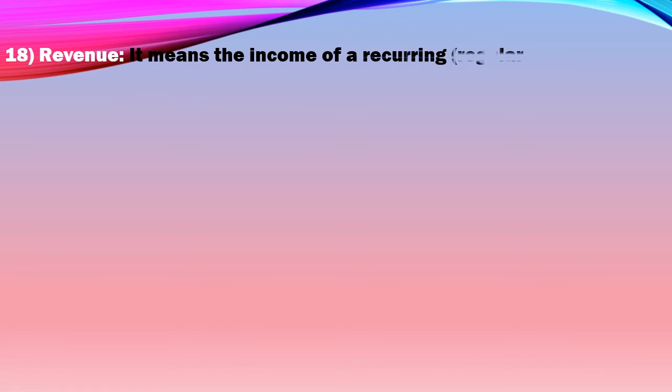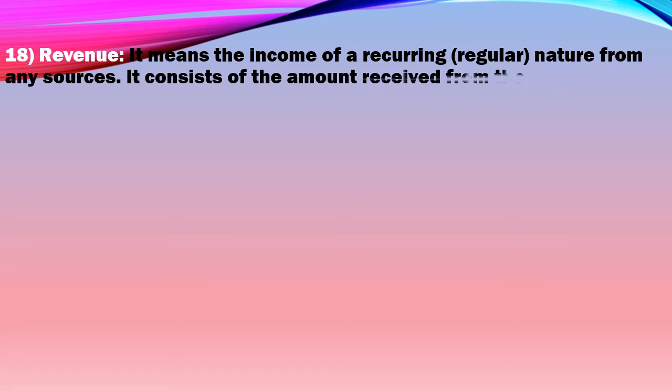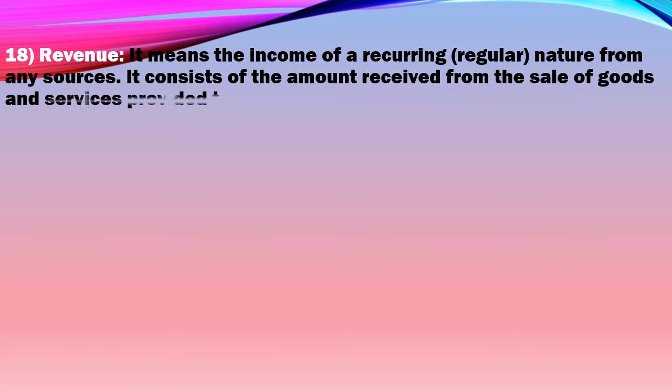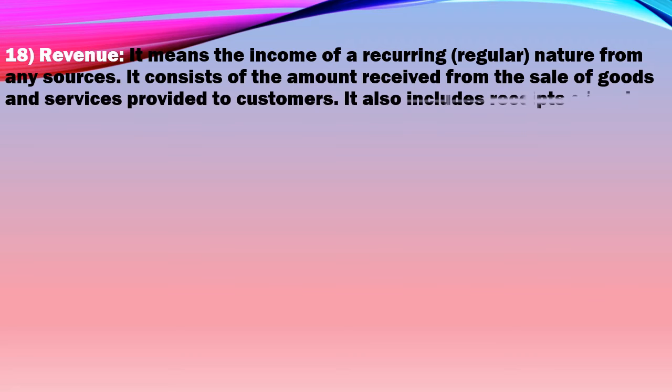Next we have is your revenue. It means the income of a recurring regular nature from any sources. It consists of the amount received from the sale of goods and services provided to customers.